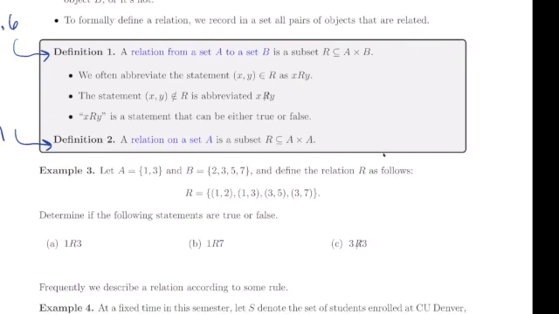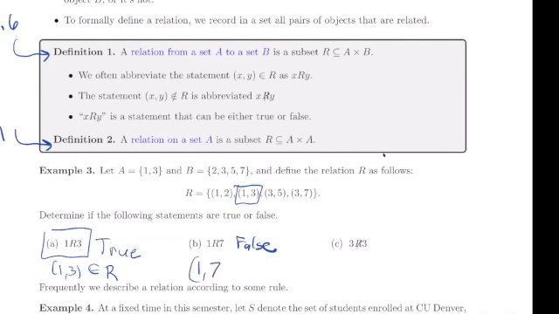So this statement, 1 R 3, this one would be true, since (1, 3) is an element of this set R. We would say this statement is false since (1, 7) is not an element of R.